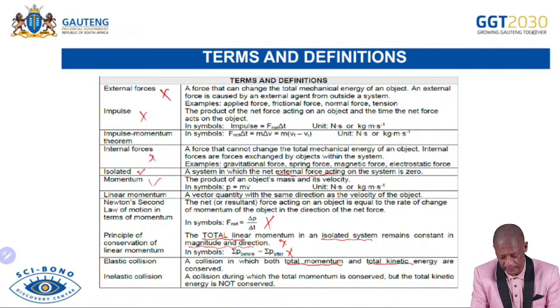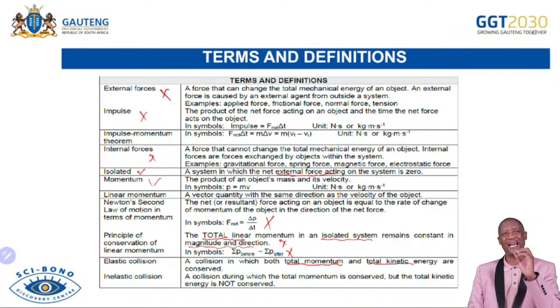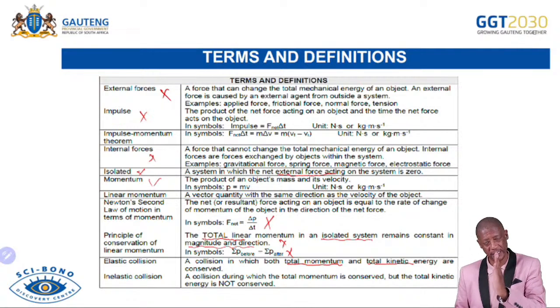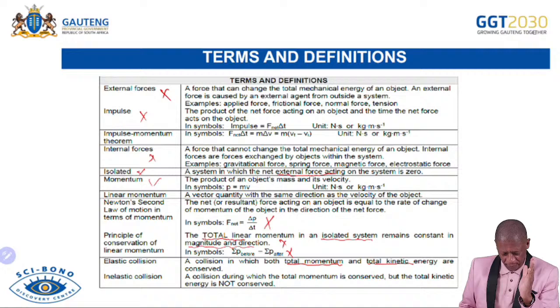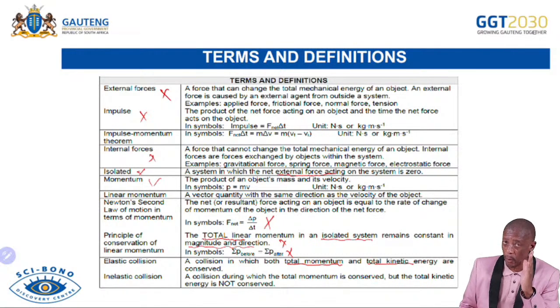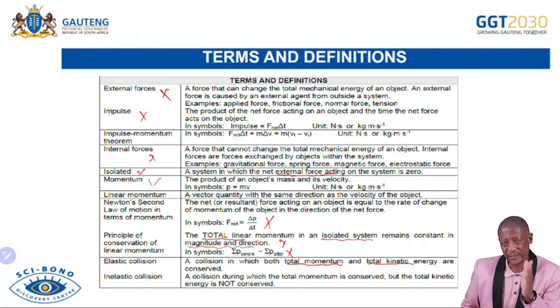That is very important: in an elastic collision, both total momentum and total kinetic energy are conserved.